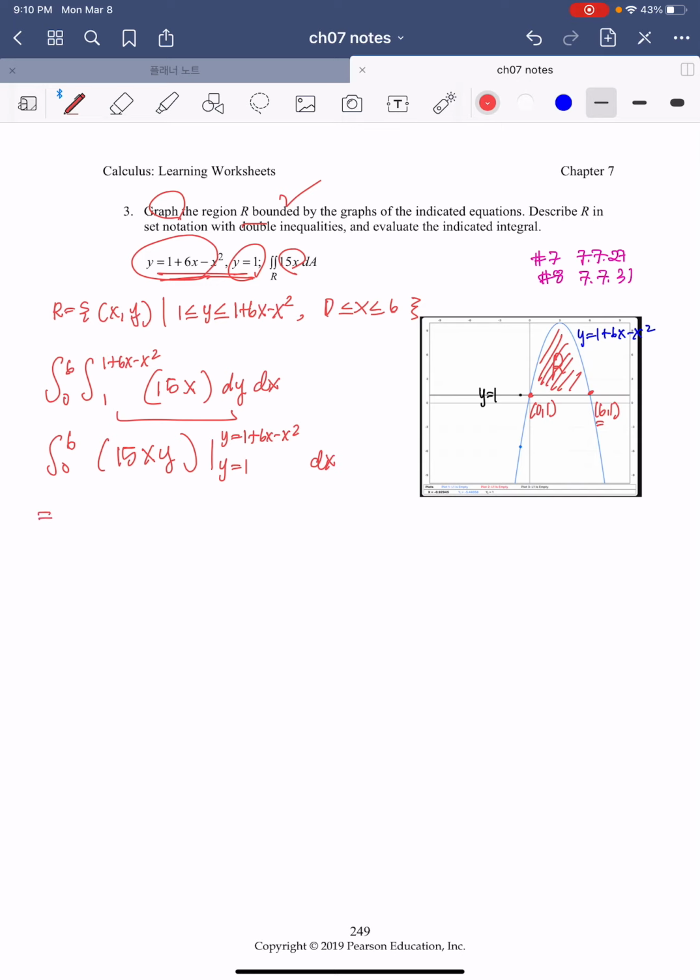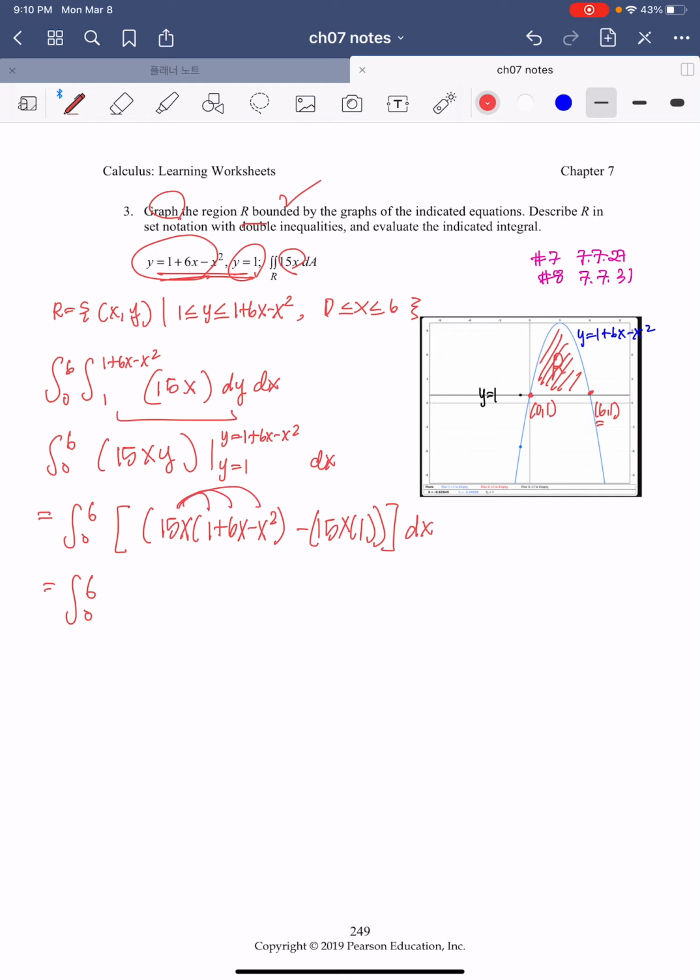Now evaluating from 0 to 6: 15x times (1 plus 6x minus x squared), minus 15x times 1, dx.